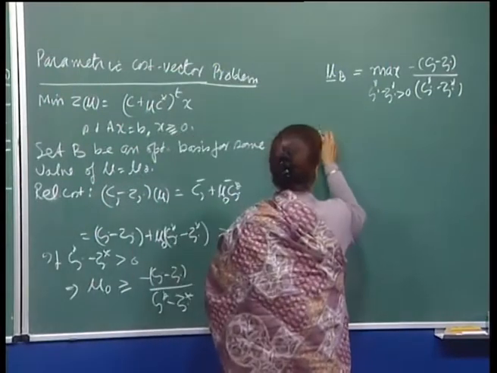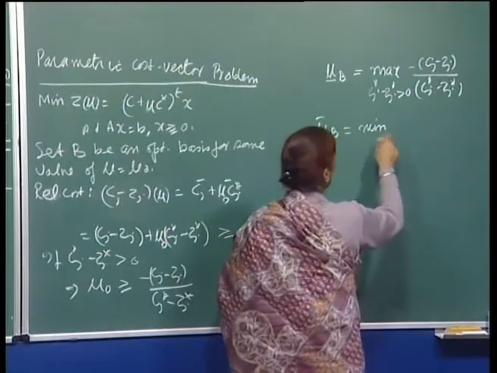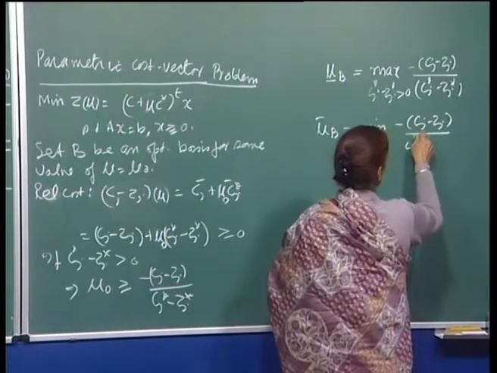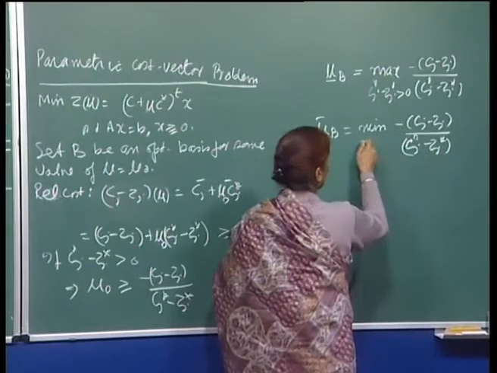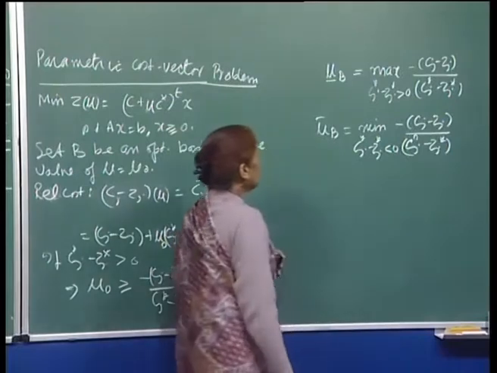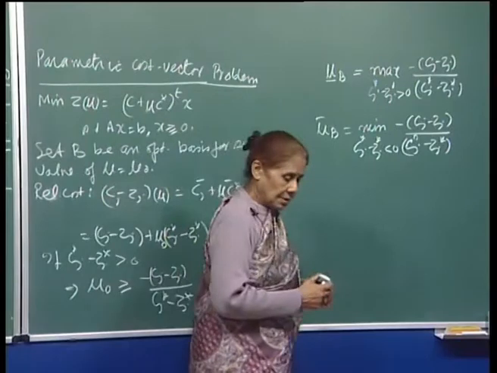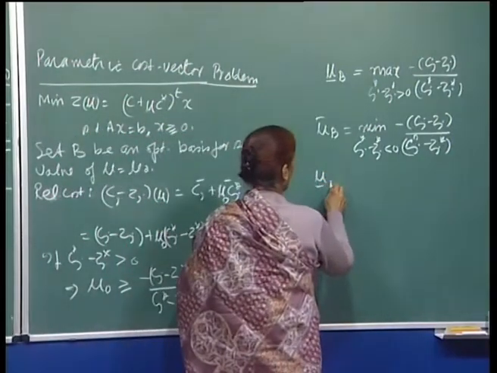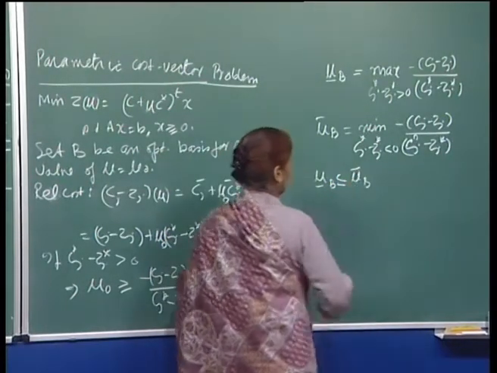Similarly, you will define mu upper bar as the minimum of minus (c_j minus z_j) upon (c_j star minus z_j star), over all j such that c_j star minus z_j star is less than 0. Now you expect that mu lower bar is less than or equal to mu upper bar.